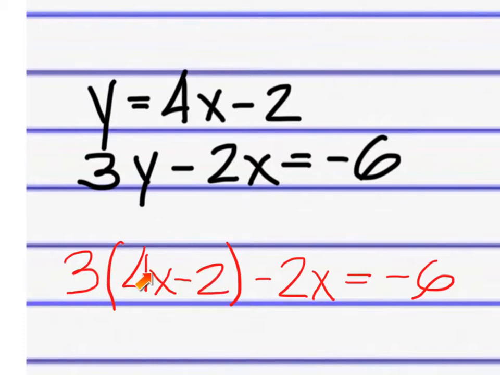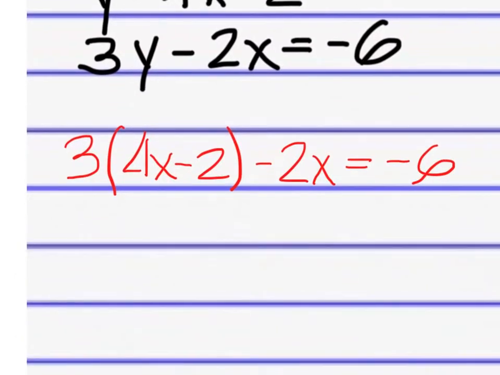You cannot just write 4x minus 2 without the parentheses here. That is because y equals this expression, so you can change it out for this one. And then from there you're going to have to distribute 3 times 4x and 3 times minus 2.